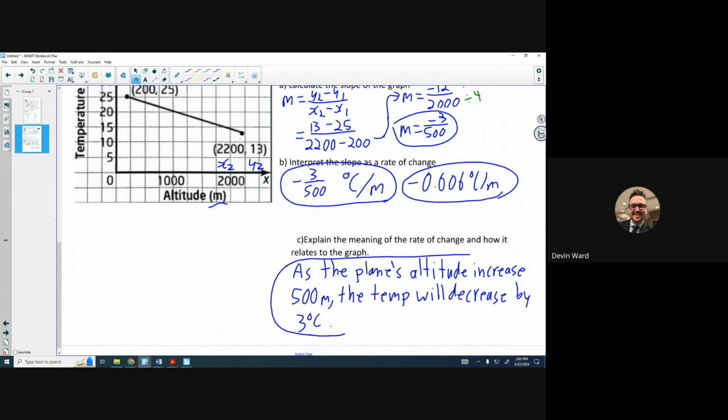So as one goes up, the other goes down. Conversely, if I were to get closer to the ground, my temperature is going to increase.